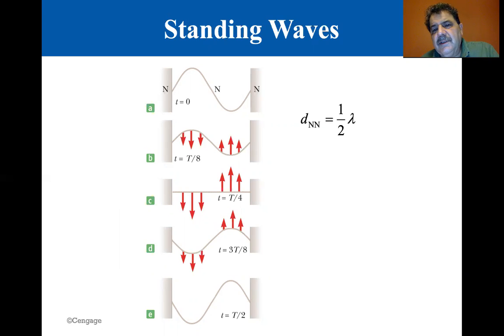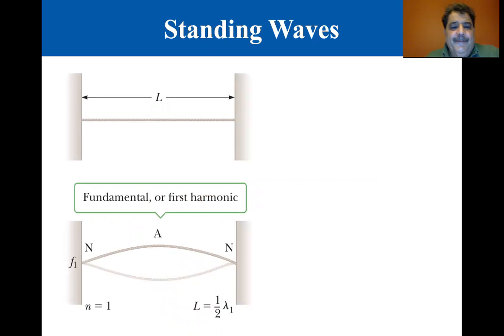So d is equal to 1/2 lambda. In other words, the distance from node to node is half of a wavelength. Here we just have a half a wavelength.